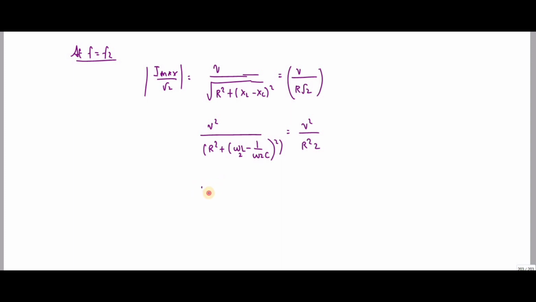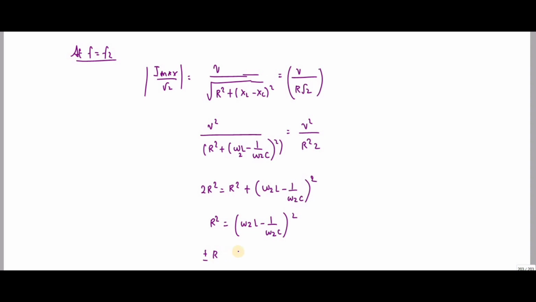So equating these two terms, R squared is equal to R squared plus (omega 2 L minus 1 divided by omega 2 C) whole squared.